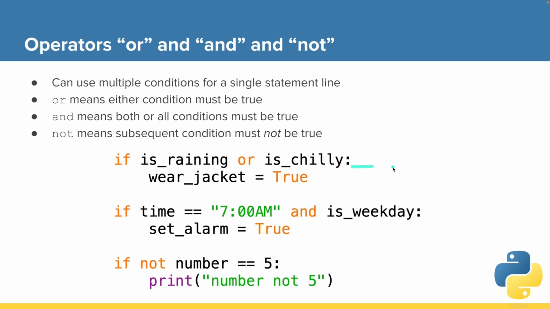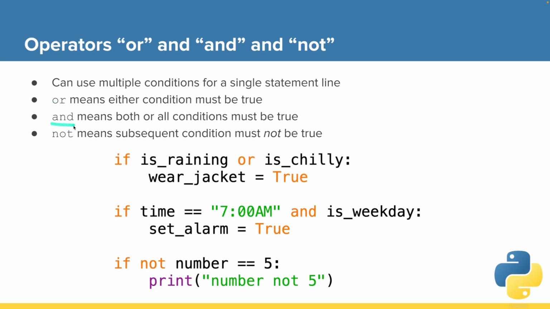We could have as many ors here as we want. As long as one of them is true, then we'll hop into this if statement code. And it's the same with elif. We can have multiple operators with our elif statements.